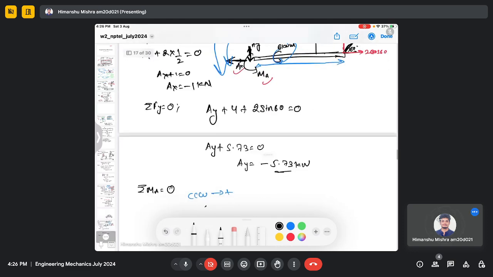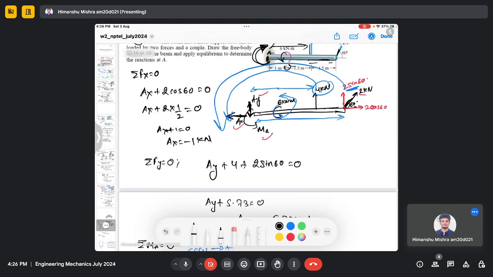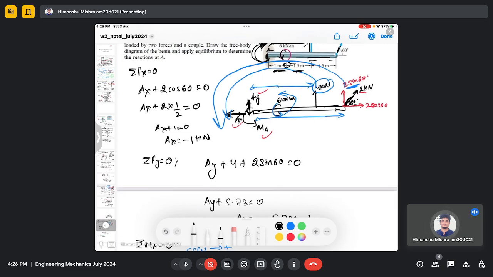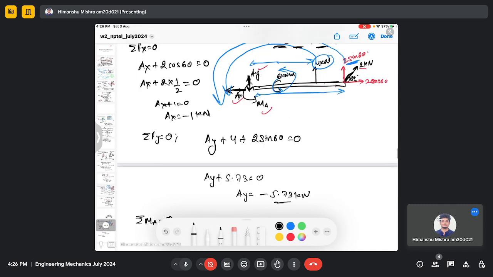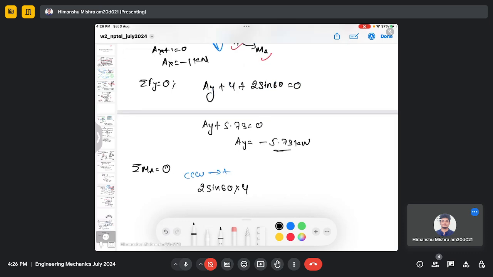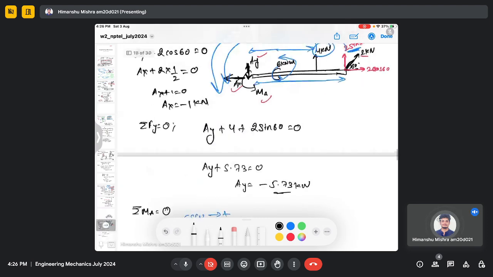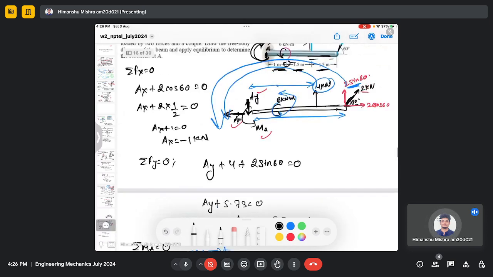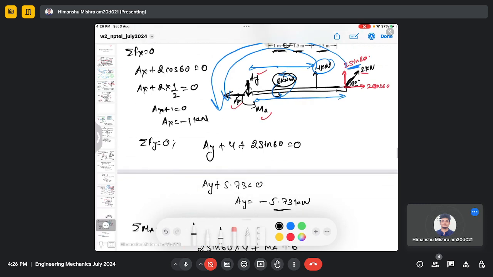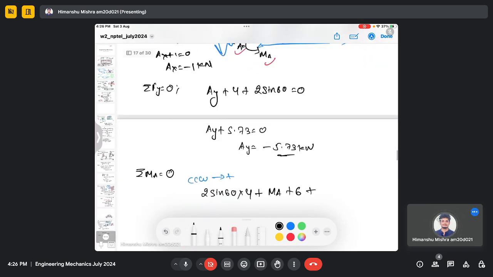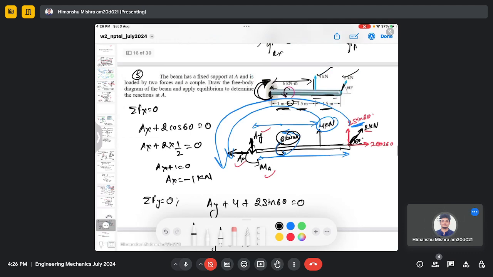so it is 2 sine 60, and the perpendicular distance is 1 plus 1.5 plus 1.5, which is 4, plus MA, which is the unknown moment we need to find, plus 6, which is the moment given in the question, plus this 4 kilonewton force multiplied by its perpendicular distance, which is 1 plus 1.5, which is 2.5.